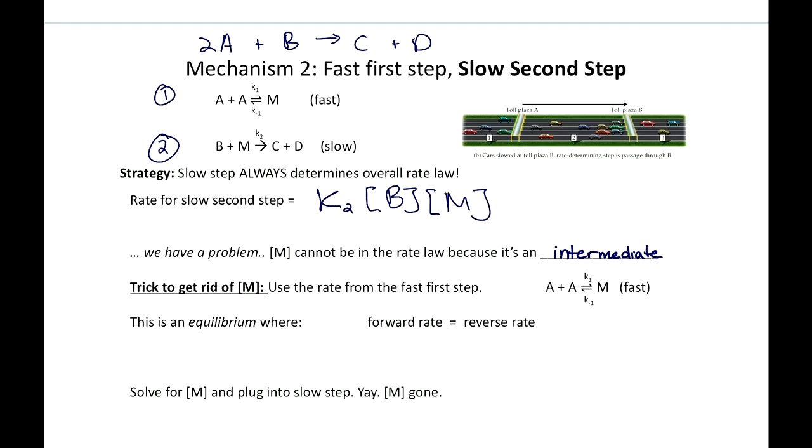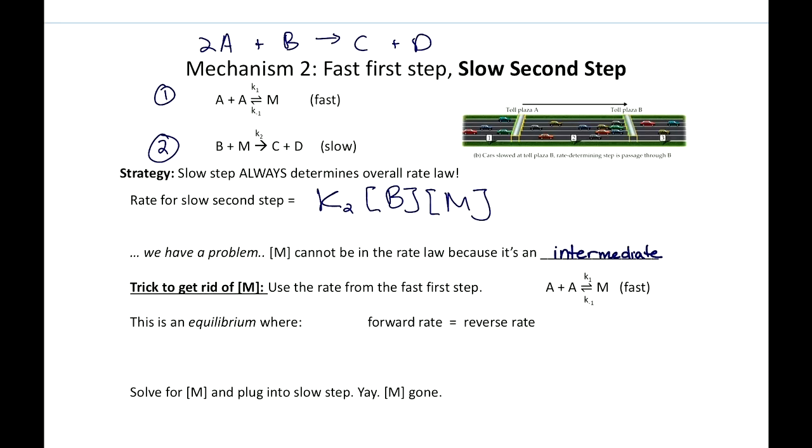Great. So are we done? No, because what's the problem here? M, is that in the overall reaction? No. Do you add M to the reaction to make it go? No, M is not in the overall reaction, so it cannot be in the rate law.